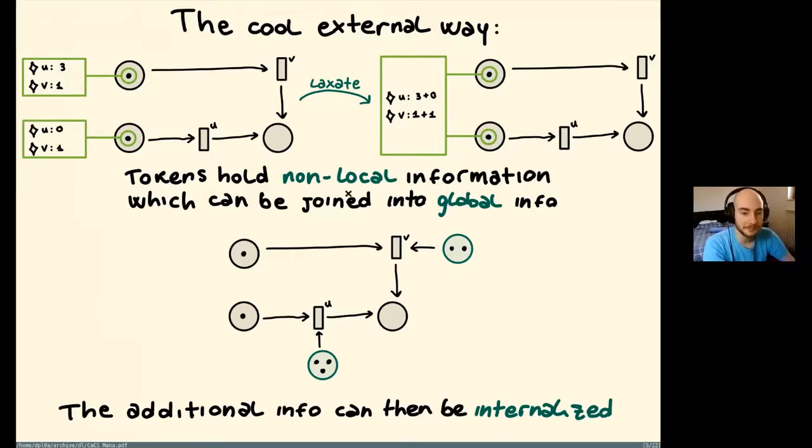And the cool thing is that you can internalize this information and compile it back to a classic Petri net. And that's good because you can use all the well-established tools for Petri net analysis and model checking.